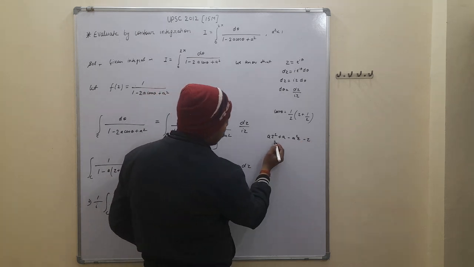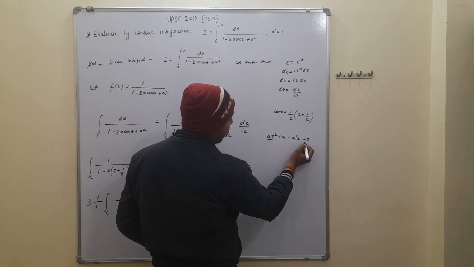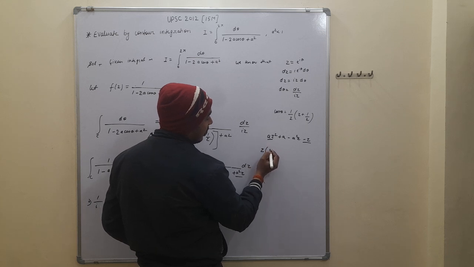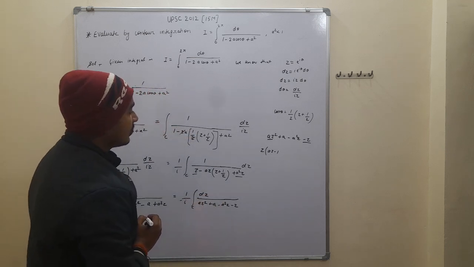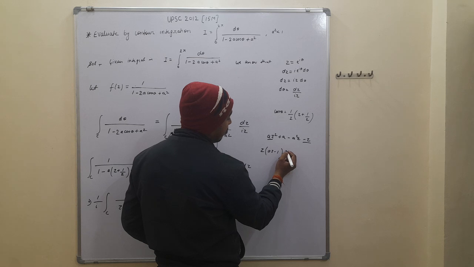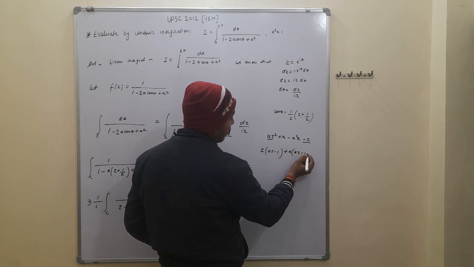So we take first z square. When we take in one bracket, this is given by z, and az minus 1, and here we take common a, this is given by az minus 1.